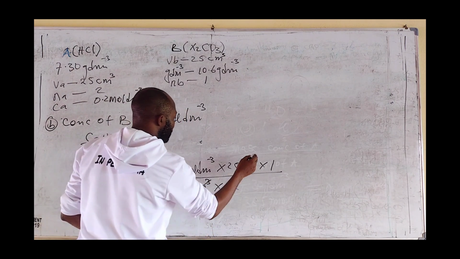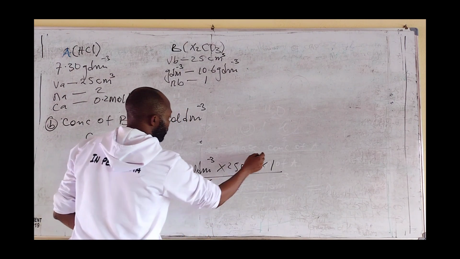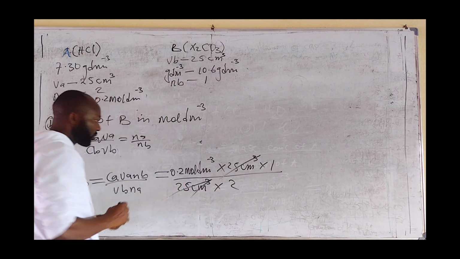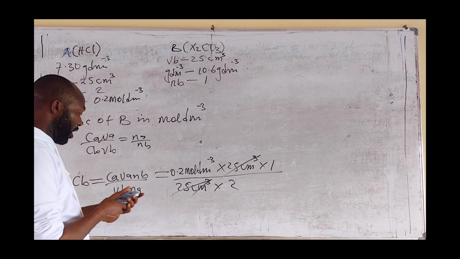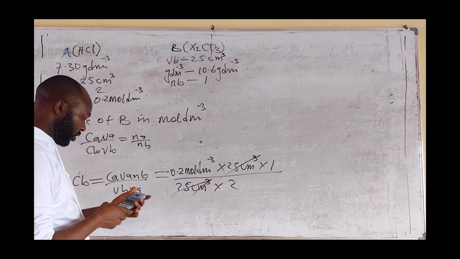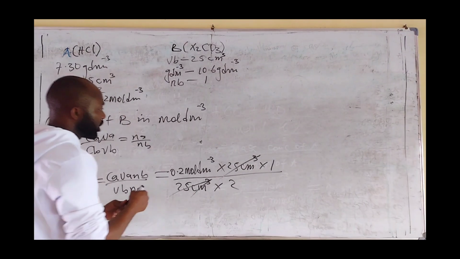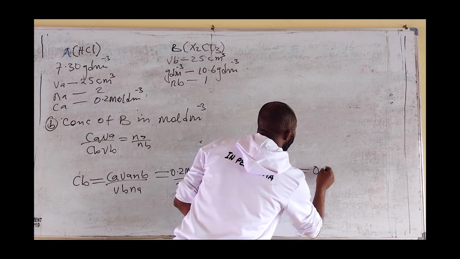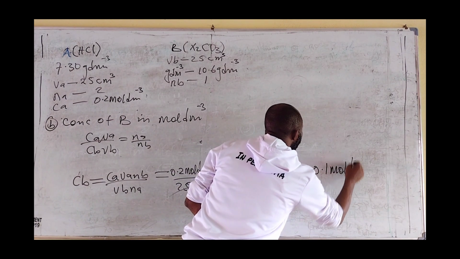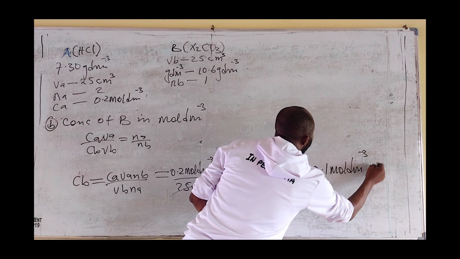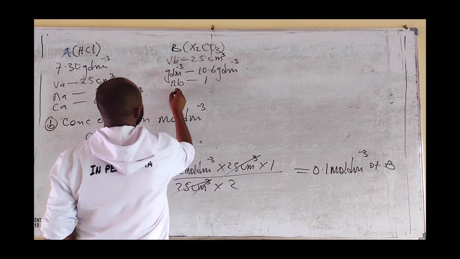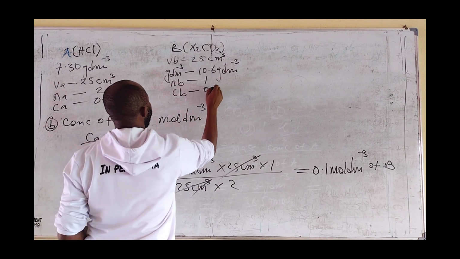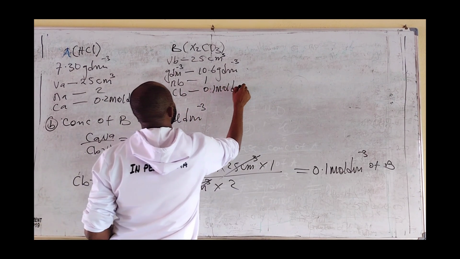So cm cube, in short 25, we'll go with 25. So we have 0.2 divided by 2 will give us 0.1. So this is equal to 0.1 mole per dm cube of B. Yes. So CB is 0.1 mole per dm cube.